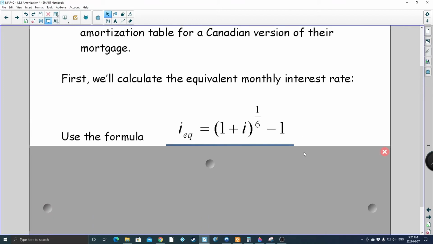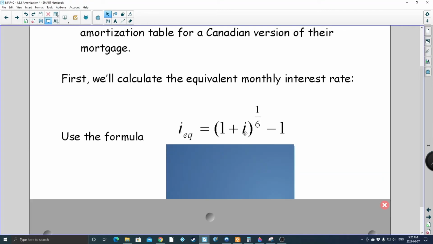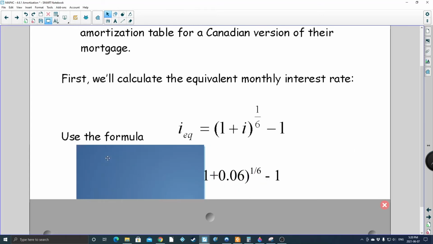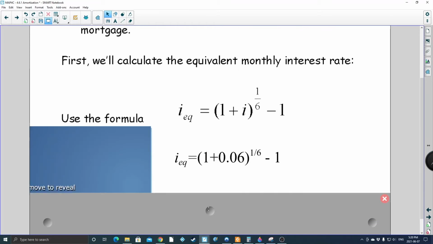You just need to know when to use it. Okay, so I called it the I equivalent. EQ stands for equivalent. So that's going to be your key to understanding that this is the equivalent interest rate. And basically what we have to do is substitute the I into this calculation. Now the I that we're going to use is the semi-annual interest rate.